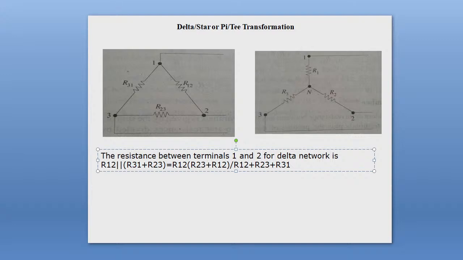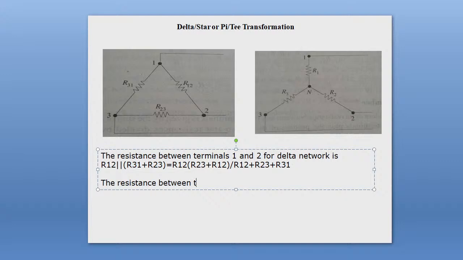Now everyone tell me, what will be the resistance between terminals 1 and 2 for the star network?